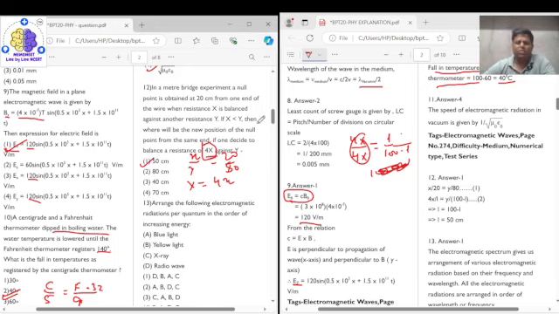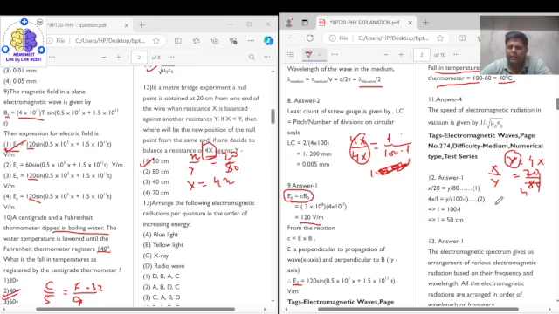Right? I hope this is clear to all. That is, for the first case, when it is balanced, it has the null point at 20. It means resistance X upon resistance Y is equal to L upon 100 minus L, which is 20 upon 80. So this is 1 by 4, and we get Y is equal to 4 times X. Now what they are saying is that without changing the resistance Y, we are changing resistance X to 4X.